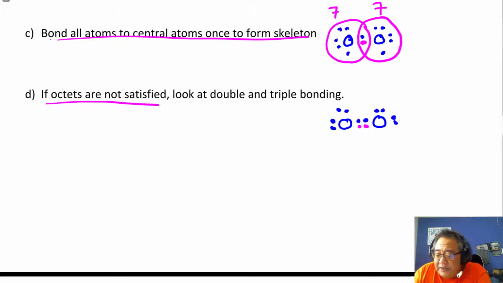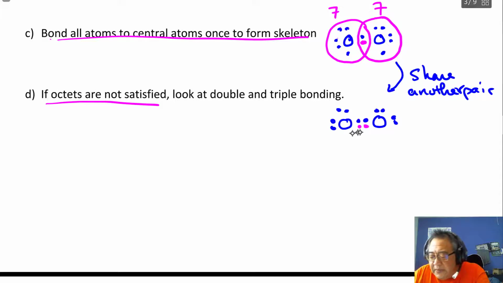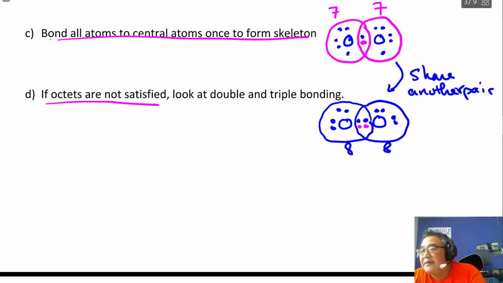So now look what happened. By sharing another pair, I ended up, if I circle like this, that's 8. And if I circle like this, that ends up being 8. So I satisfied my octets with a double bond, 2 pairs of shared electrons.